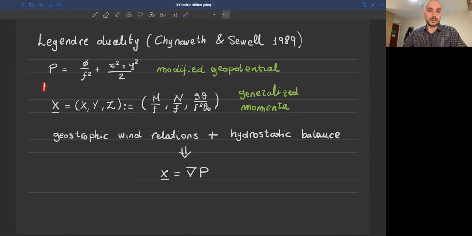If we redefine the geopotential this way, this is the physical geopotential, but we modify it in order to get this capital P through the addition of this term. And also we normalize the absolute momentum components and the potential temperature in order to have this quantity, which now has the physical dimensions of a length.